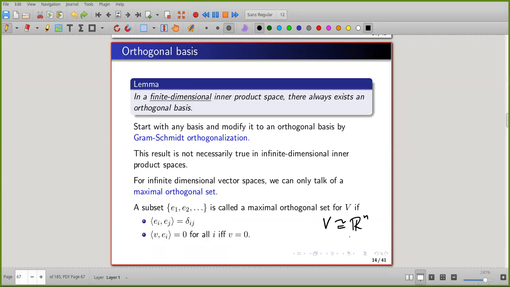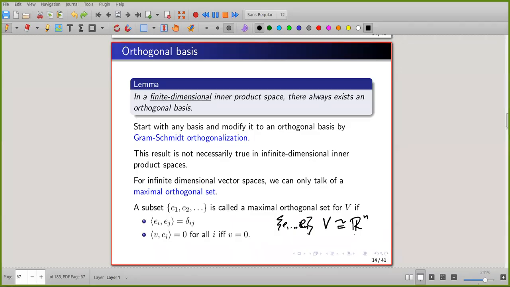I would like to warn you not to make this assumption. If we have any finite dimensional vector space, we can always choose an isomorphism. I can take any basis, E1 through En, for V, and I can always choose an isomorphism of V with Rn.